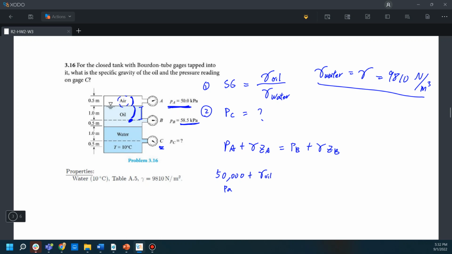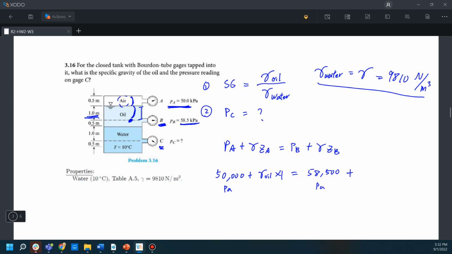Okay, and ZA is equal to 1 meter here, so times 1 is equal to PB, which is the pressure at this gauge, that is 58,500 Pa.